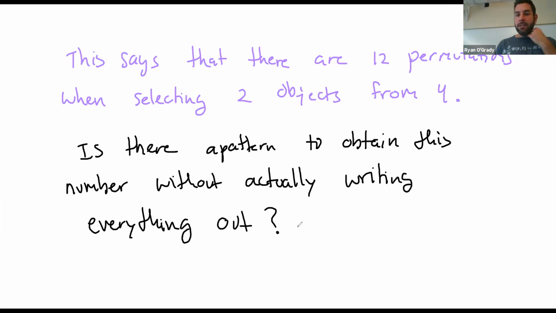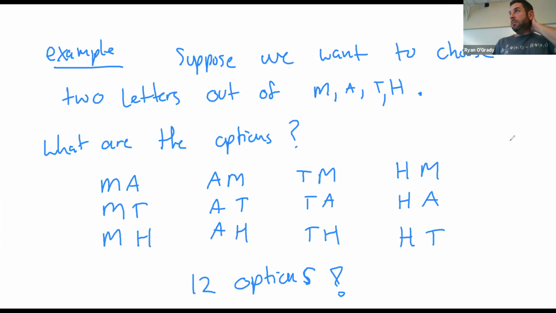the fact of the matter is if we look at this, can we figure something out? So let's think about this in terms of our multiplication rules. How many options do we have for our first letter? There's 4 options, right? How many options do we have for our second letter? 3, right?